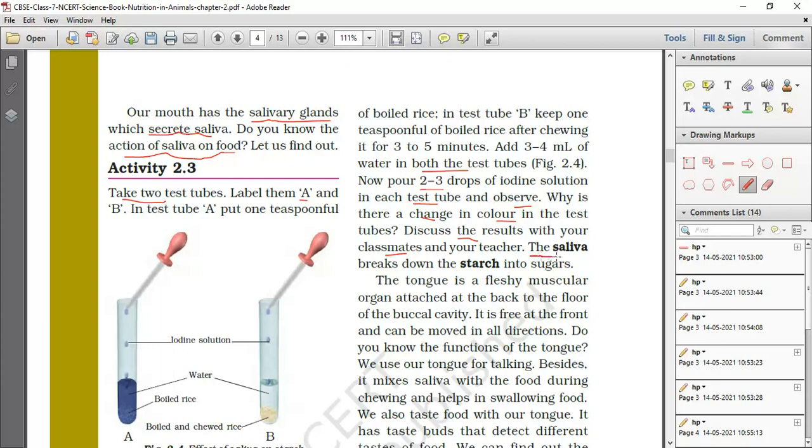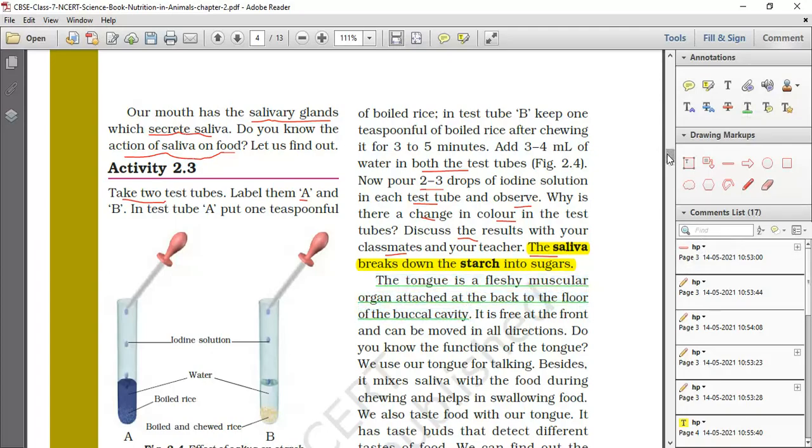This is because the saliva breaks down the starch into sugar. And the tongue is a fleshy muscular organ attached at the back of the floor of the buccal cavity.